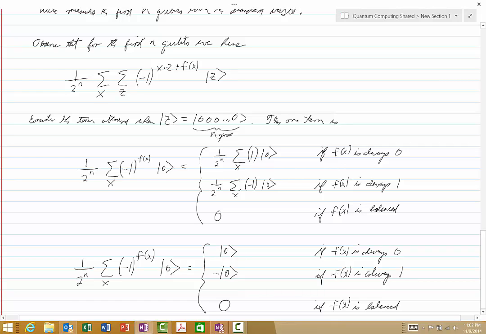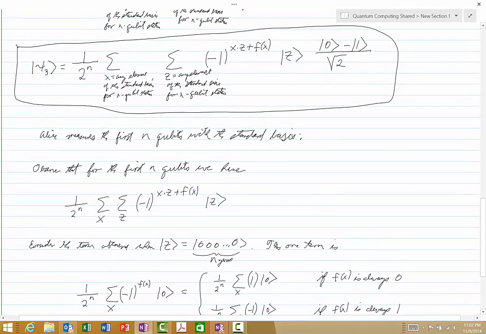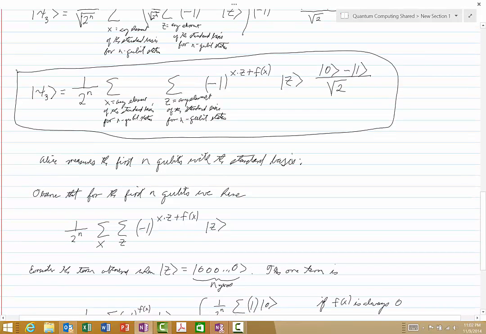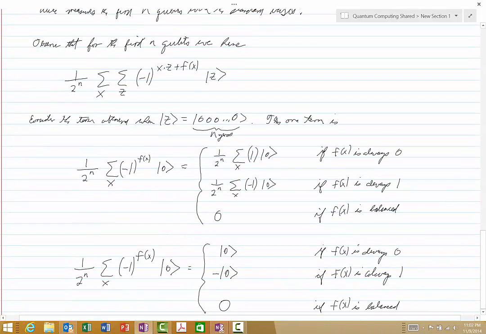There will be no contribution at all if f of x is balanced. So what that means is that this whole term here is simply going to be equal to, since the very first term has a magnitude of 1, then the rest of the terms are dropping out.